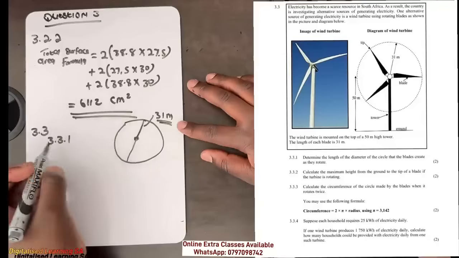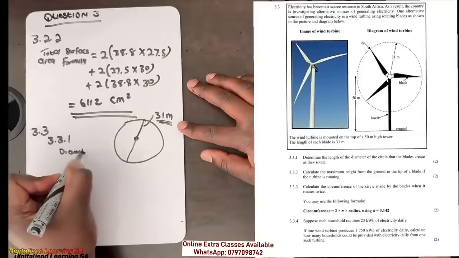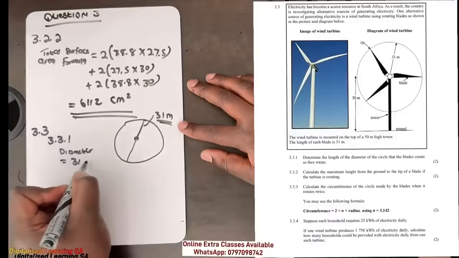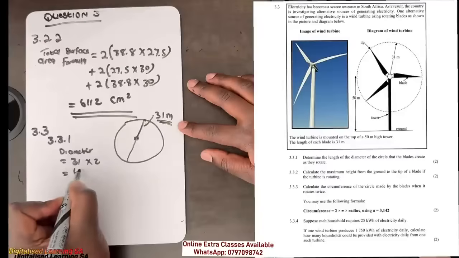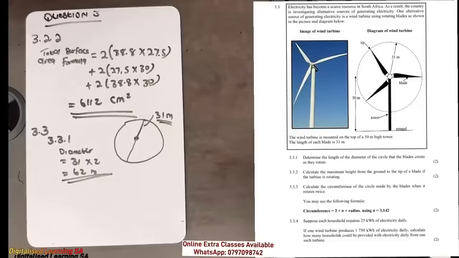So our diameter will be equal to 31 multiplied by 2, which gives us 62 meters. And that's our answer for question 3.3.1. Now let's move to question 3.3.2.